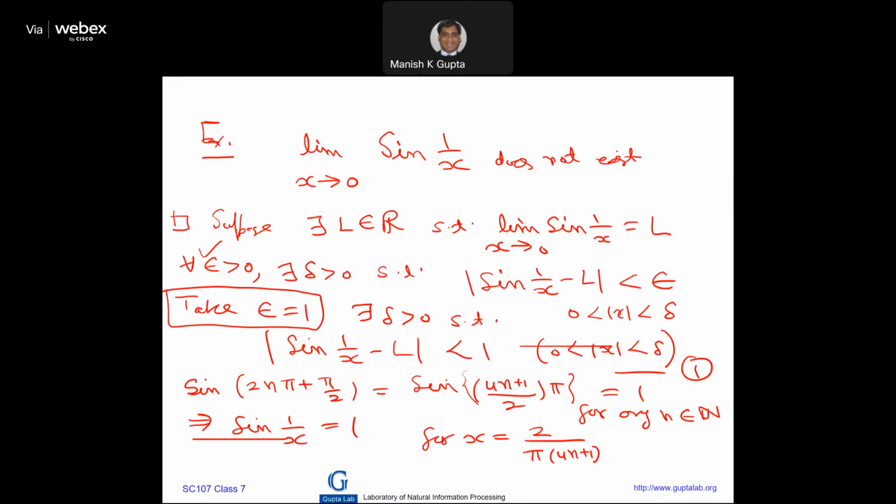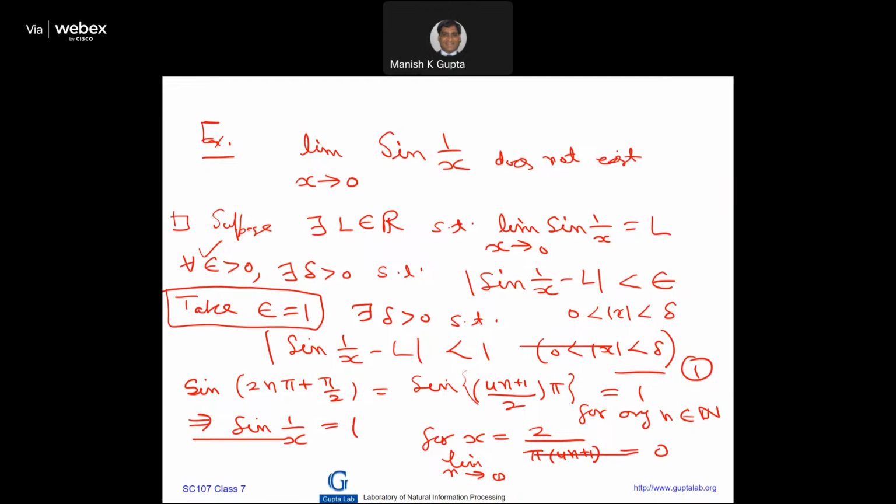And now this value lies between 0 and delta, for some delta, in the neighborhood, because the limit of this value as n tends to infinity is 0. We know this value is 0.